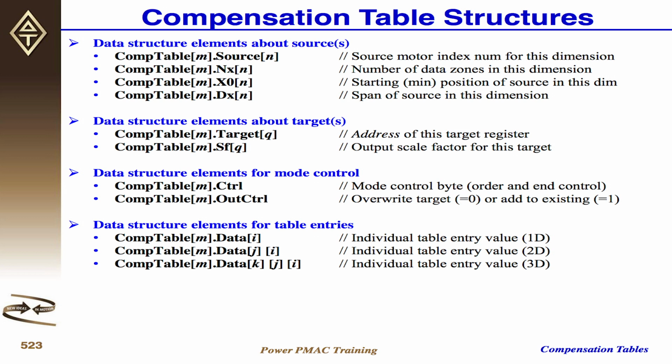And we'll look at the details of that here in just a couple more seconds. And then the actual data for each table entry. So for a one-dimensional table, data sub I. For a two-dimensional table, it's data sub j sub I. And then for a three-dimensional, k, j, and I.